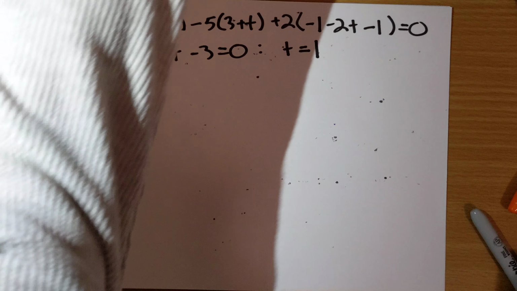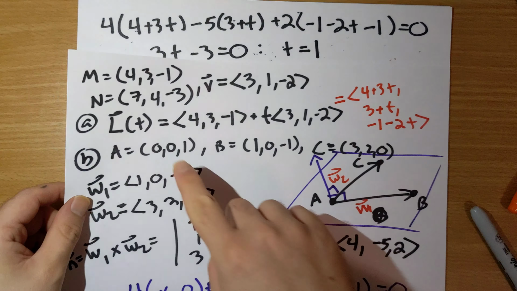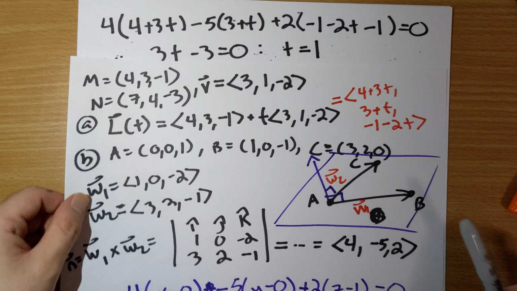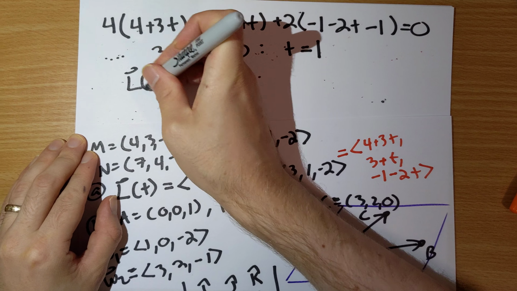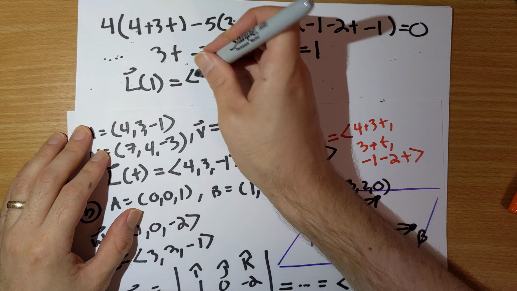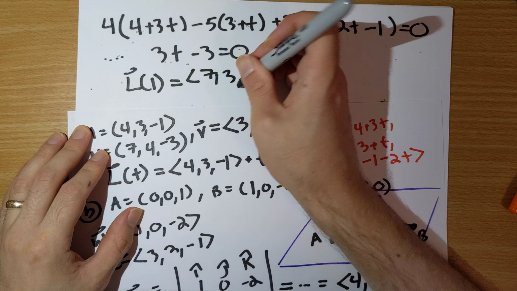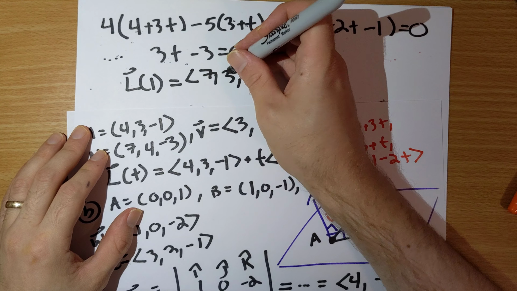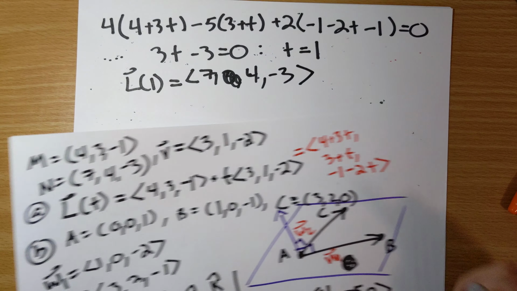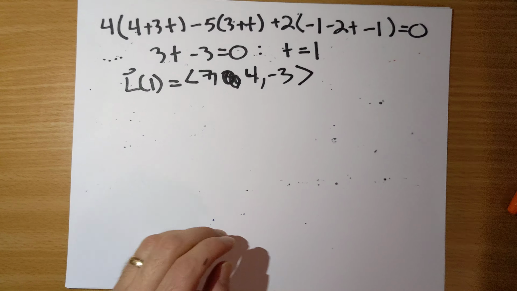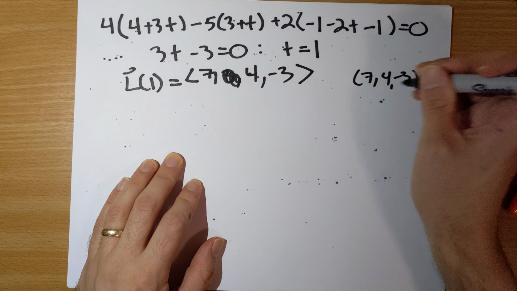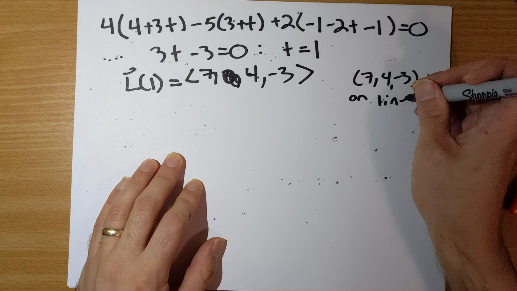So t is equal to 1 is not our final answer, but we need to plug 1 into L of t. L of 1 is going to be (7, 4, -3). So (7, 4, -3) is on the line.